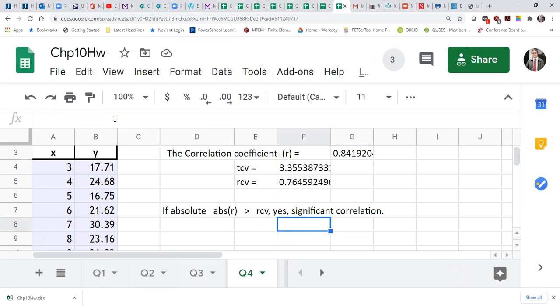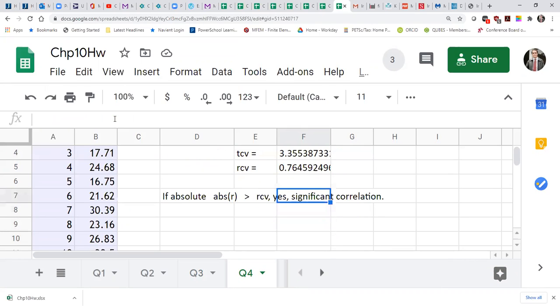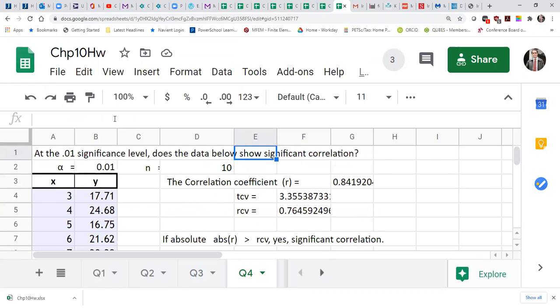So because the absolute R is greater than the RCV, okay? So the answer is there is a significant correlation.